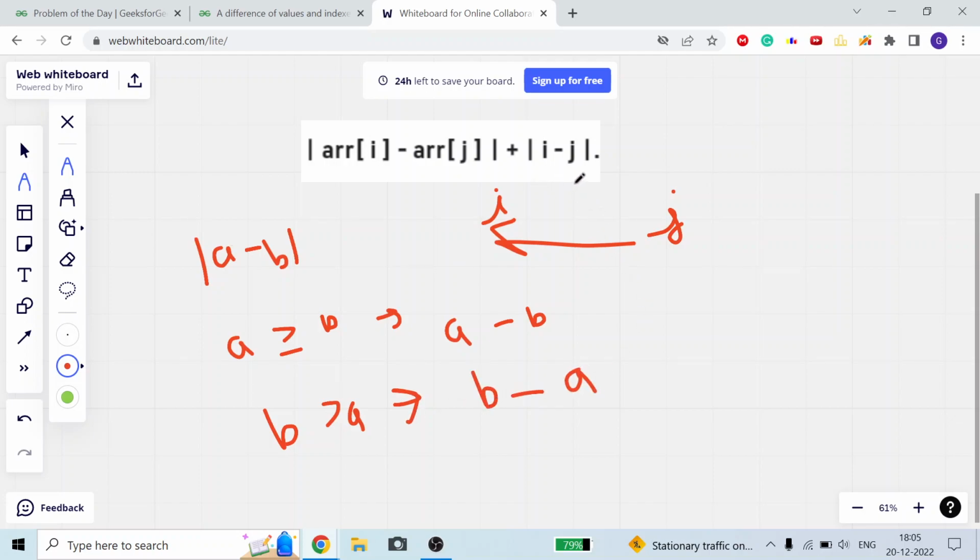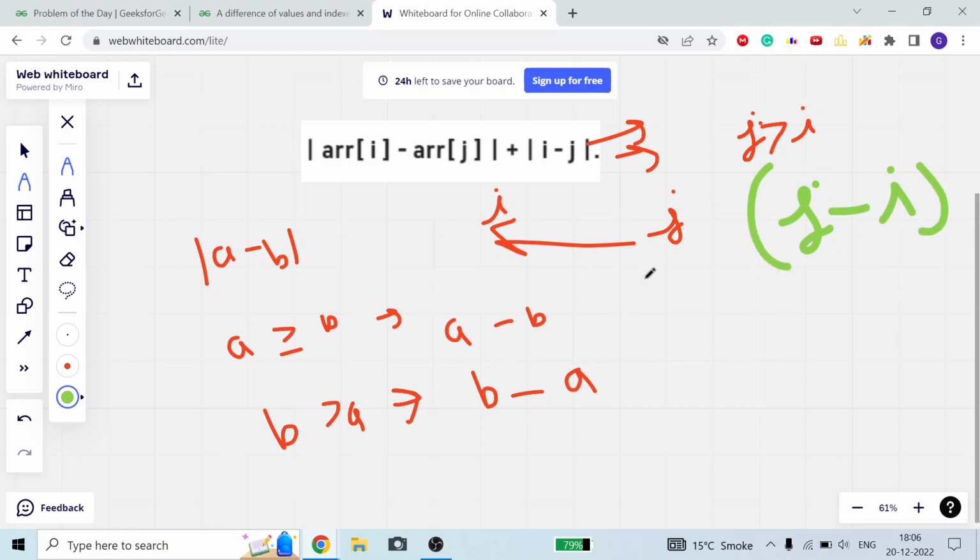If j is always greater than i, and I can fix this, then b minus a means j minus i. So this value without modulo will always be j minus i. This is the first part that I am going to fix.